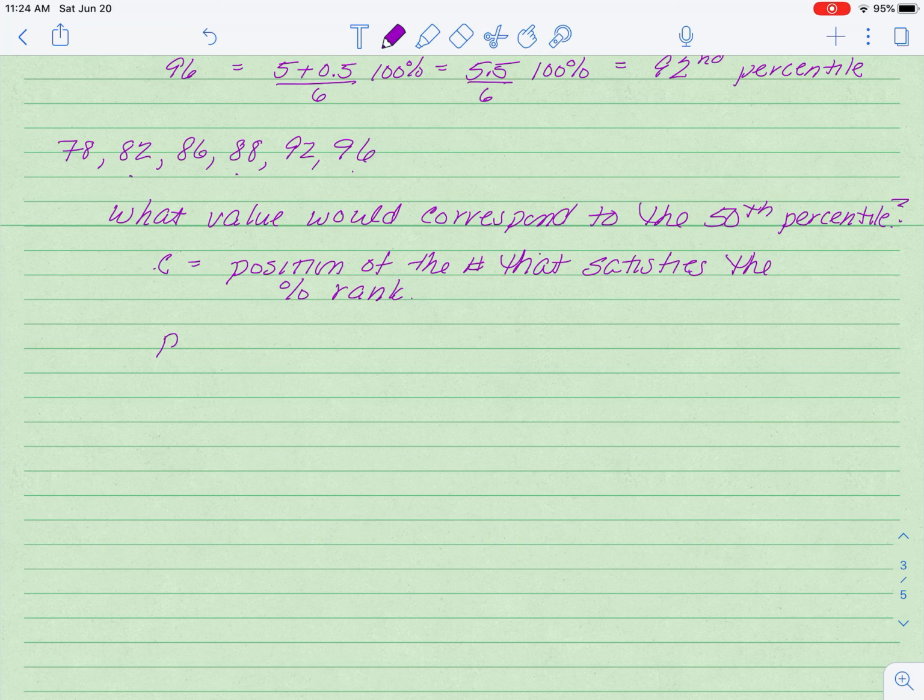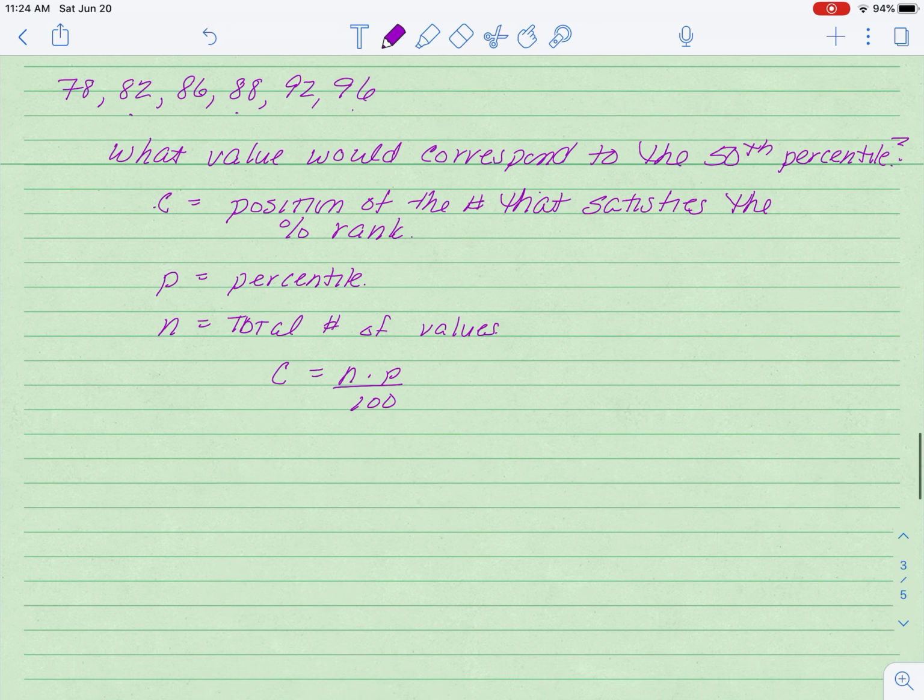And then we're going to use the number P. This is the percentile, and this is not written as a decimal, it's just the percentage. And N is the total number of values. And so the formula is the position of the number that represents the percentile rank is equal to N times P over 100.